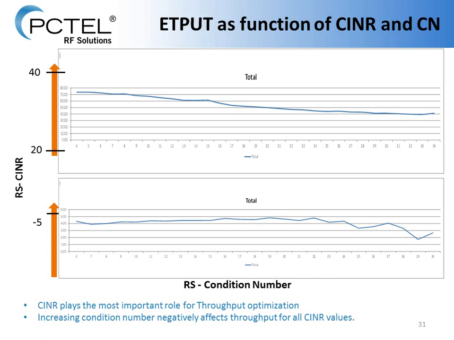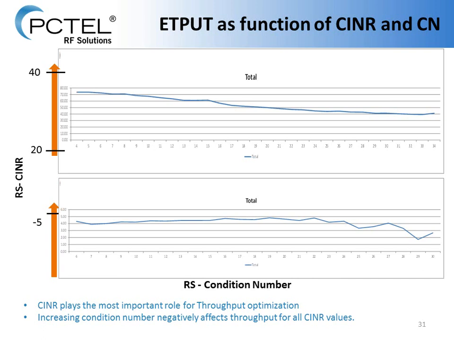So really what plays the most important role for MIMO throughput and MIMO gain is CINR. It plays the most important role for throughput optimization. And increasing the condition number affects throughput for all CINR values, particularly at higher CINR, because at lower CINR you're not getting much MIMO gain anyway to begin with.